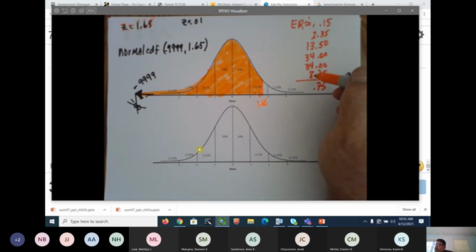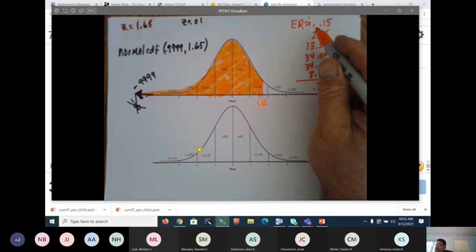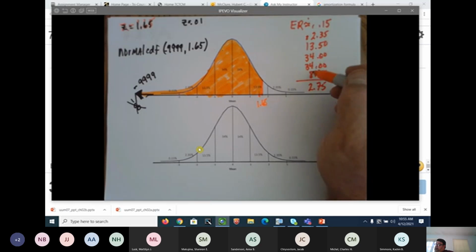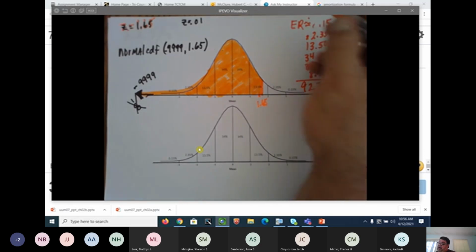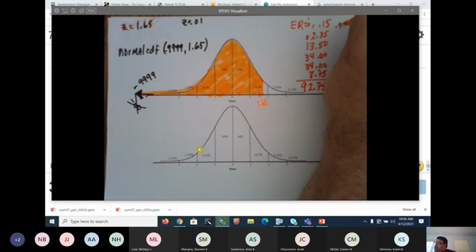All right, so that's going to be 8 and 8 is 16, 19, 20, 22, bring you 2, 3 and 3, that's 9. I say it's going to be around 0.9275. 0.9275 by the empirical rule.